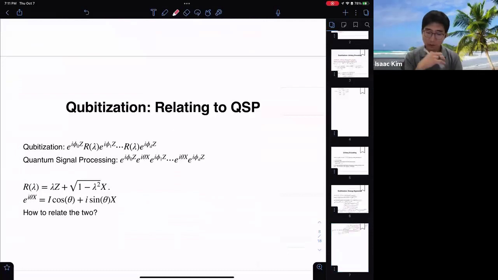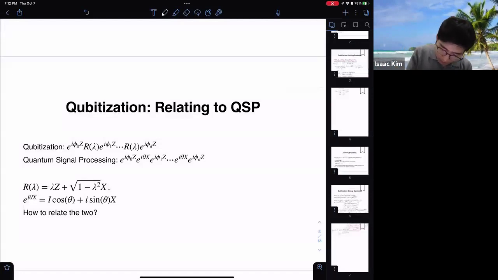But for now, I would like to compare the sequence of operators that we've seen in qubitization and the sequence of operators that we've seen in quantum signal processing. So in the quantum signal processing, now we remove this A subscript because we're now focusing on a single qubit.